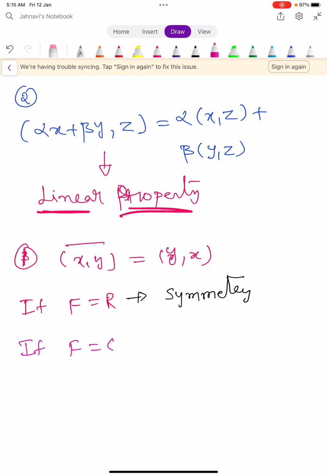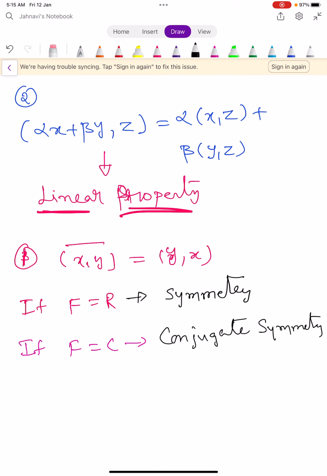If F is equal to C, meaning the field is complex numbers, then property 1 is called conjugate symmetry.